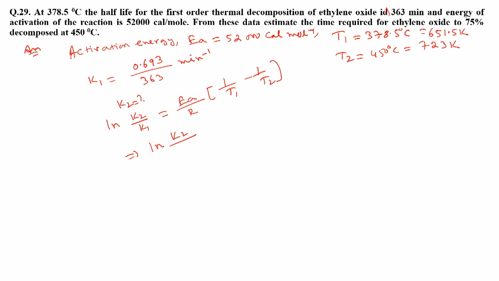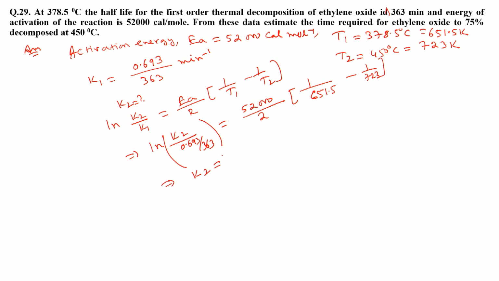K2 by the value of K1, which is 0.693 by 363, equals the value of EA, given as 52,000 in calorie units, divided by 2, and then (1 by 651.5 minus 1 by 723). So, if we calculate this, we get the value of K2 is 0.101 minute inverse. So, we got the value of K2.